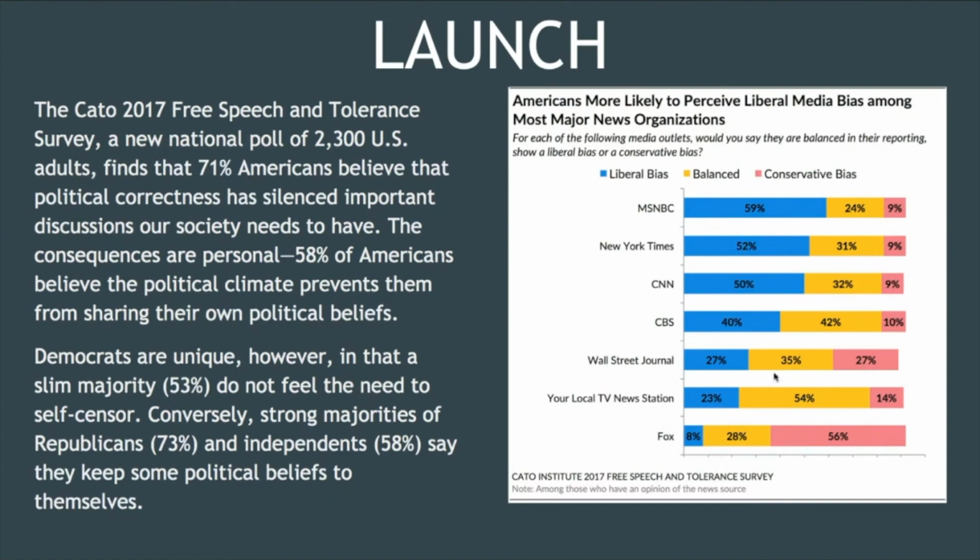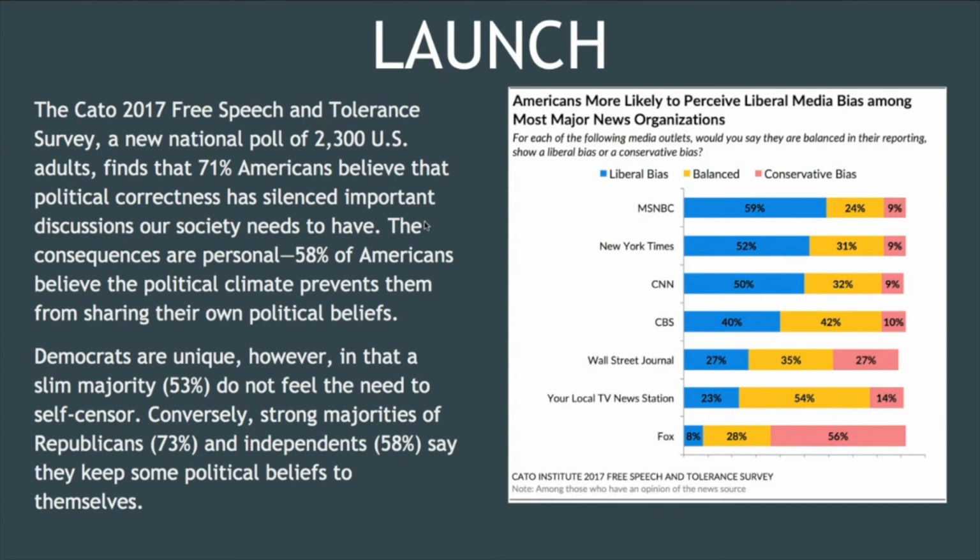They should be balanced all the way across. And as you can see, hardly any of these are balanced. The closest we get is your local TV news station. And I would venture to say that the local TV station that we deal with here in the Bryan College Station area probably leans a little more to the conservative bias. And if you don't believe we're biased around here, open your eyes or put on some glasses.